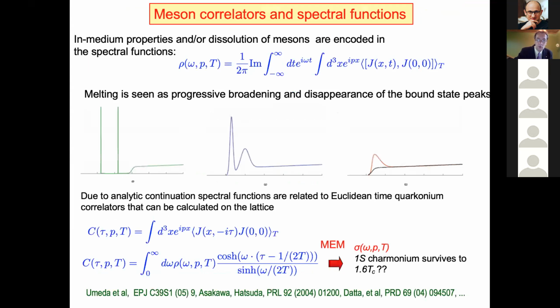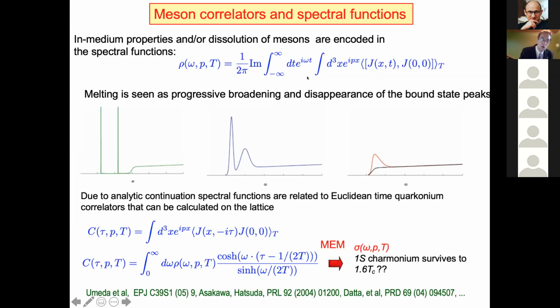Just to remind you, Mike already talked about this, so I don't have to explain too much. Essentially the in-medium properties of bottomonia or any other mesons at high temperature are encoded in the spectral function, which is related to the retarded correlation function of two meson currents. What we calculate on the lattice is a current correlator, but in Euclidean time.